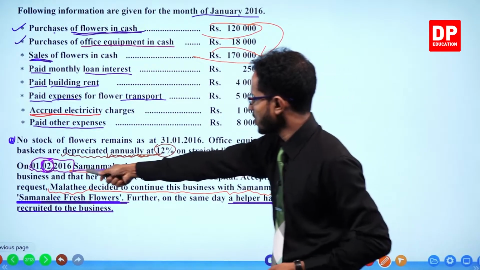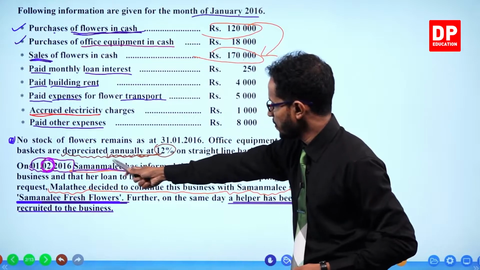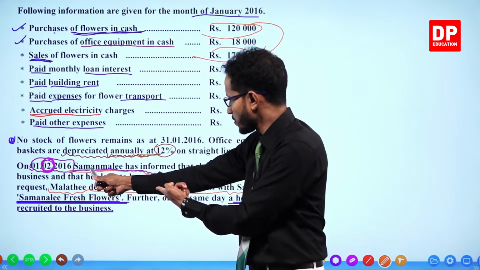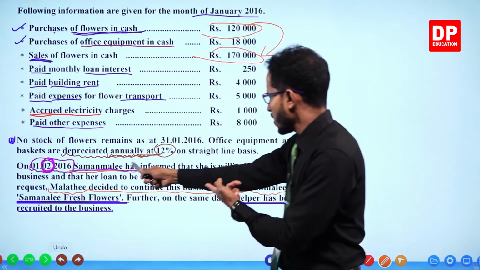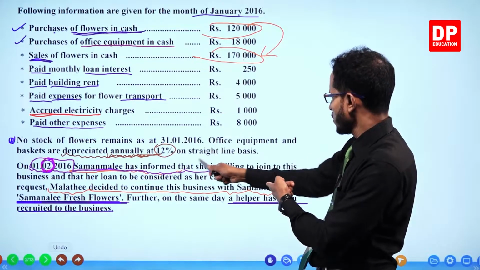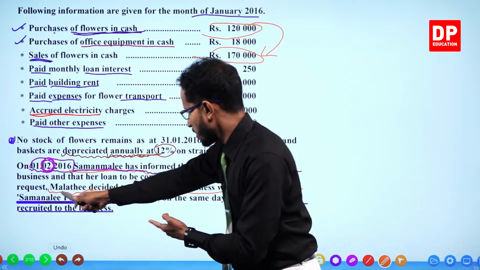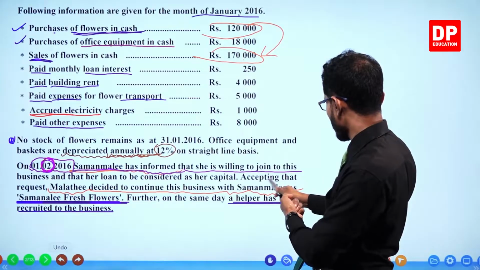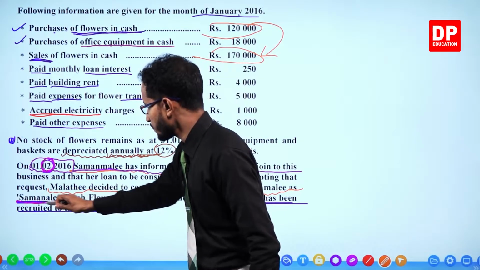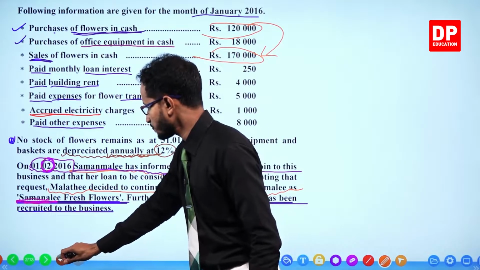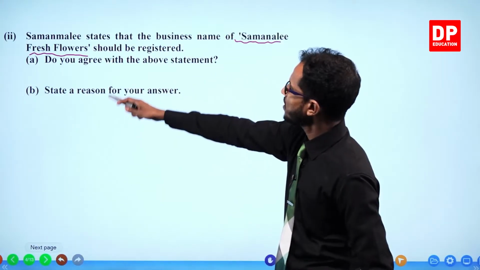After all these transactions on 1st February, Saman Mali informed that he is willing to join and to consider the loan as capital. She accepted the request, continuing the business with Saman Mali as Saman Mali Fresh Flowers. The name of the business is Saman Mali. So it should be registered.